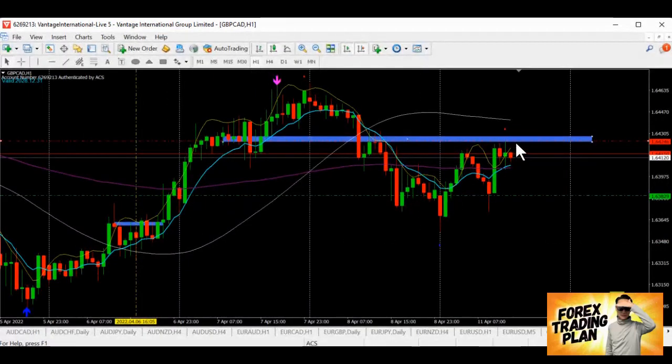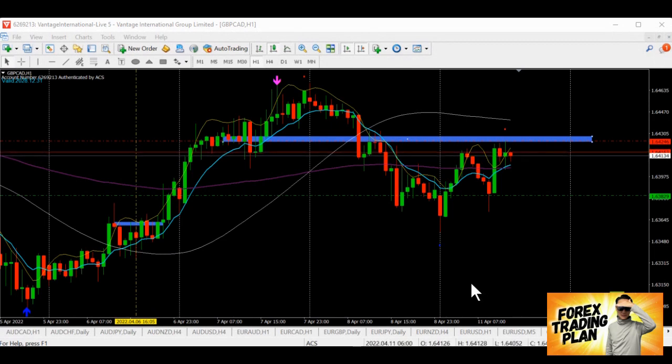By that I mean I want it to test the resistance without breaking, and we can sell exactly at the resistance. Hopefully. So I'm going to put pound CAD into my list so that we can see how it goes.